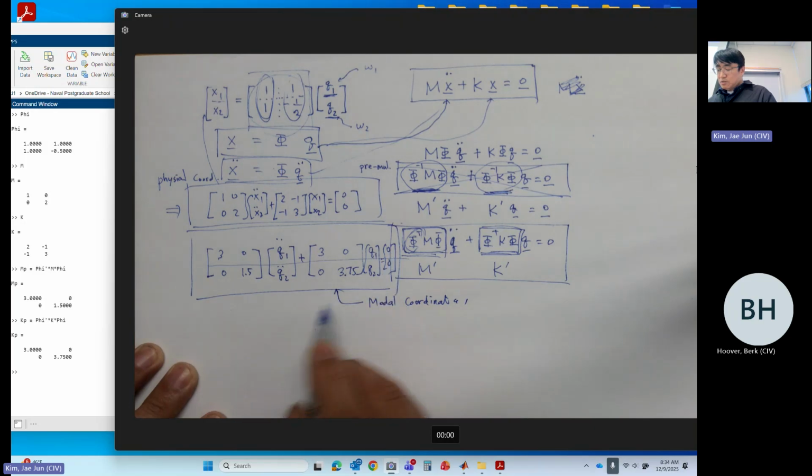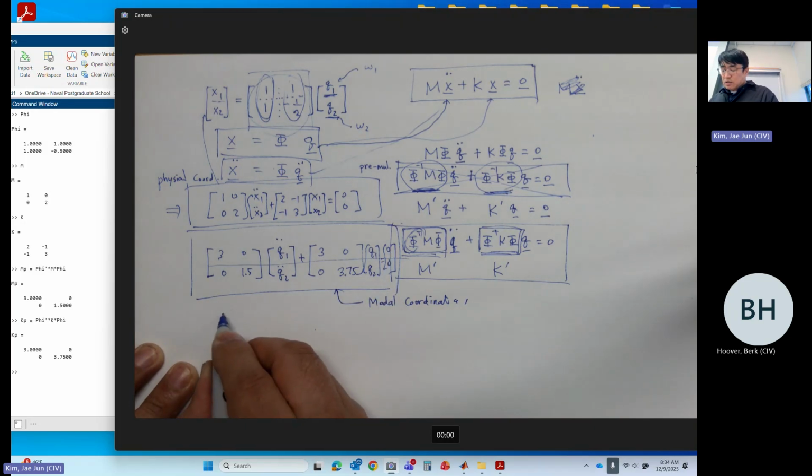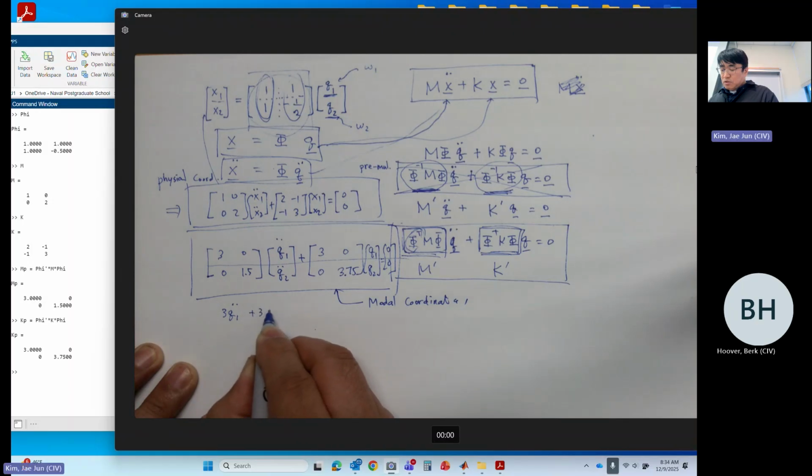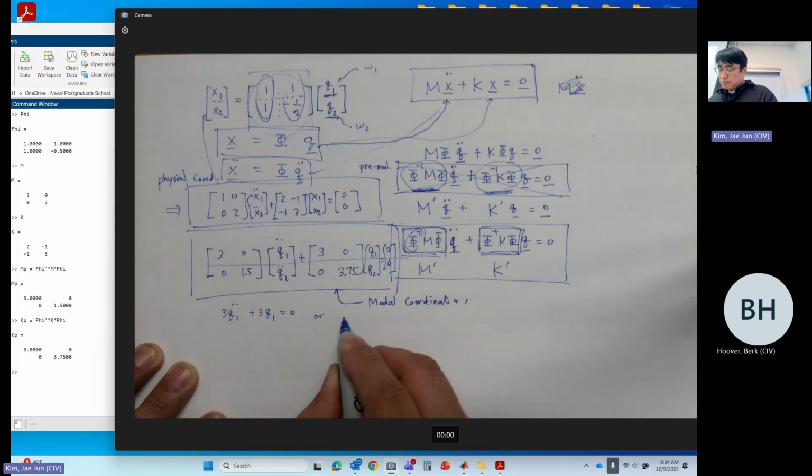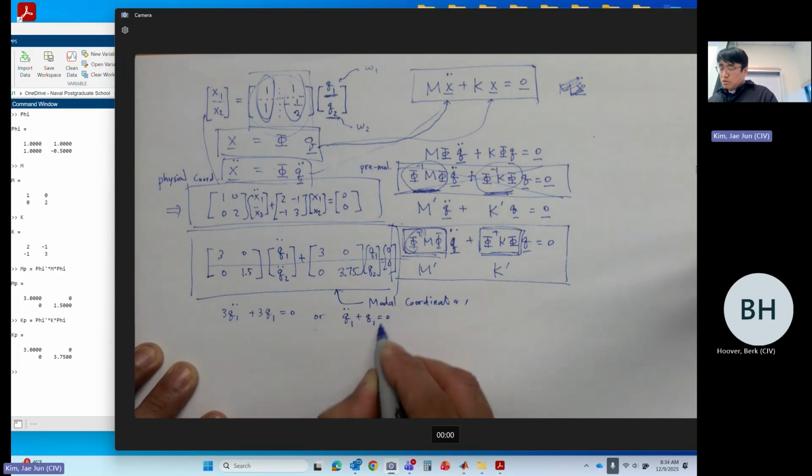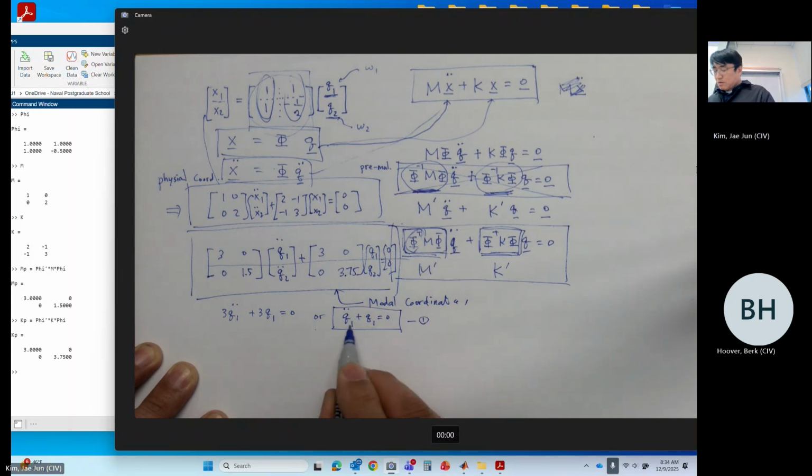However, if you write your equation in modal coordinates, the first equation is 3q1 double dot plus 3q1 is equal to 0, or q1 double dot plus q1 is equal to 0. So this is the first equation, only an equation in terms of Q1.